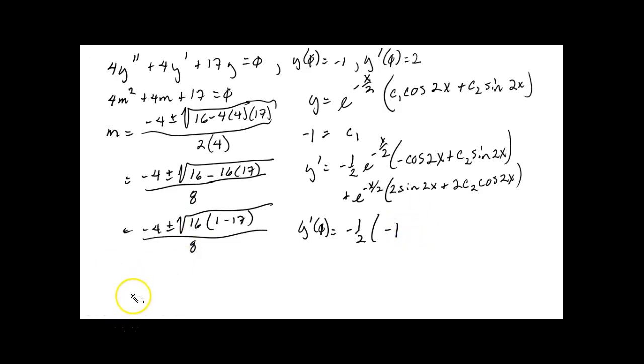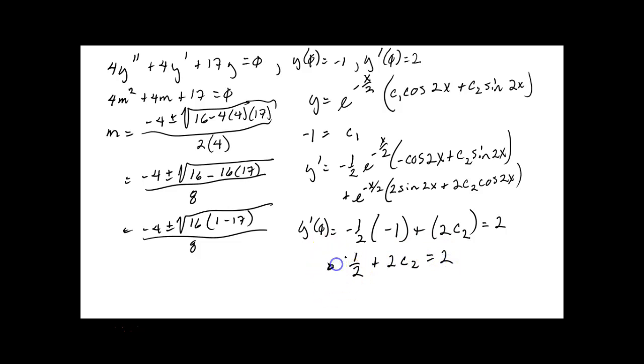Plus e to the 0 is still 1 times sine of 0 is 0, so that one doesn't contribute anything, plus 2 C2, and cosine of 0 is 1. But y prime of 0 is 2. So this will be a positive 1/2 plus 2 C2 is equal to 2.